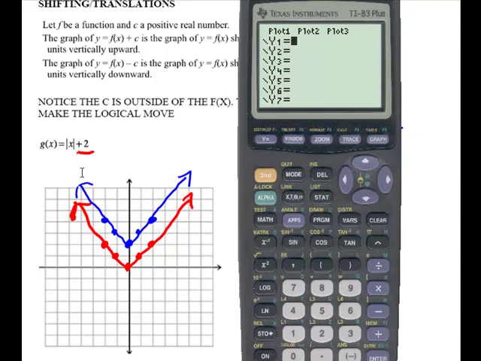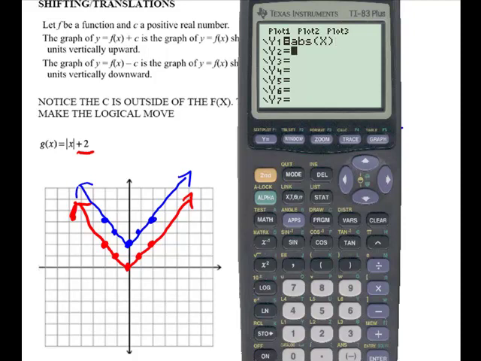And remember that absolute value, we're going to go under the math menu. And we have to go across, choose number, and the first one, we'll put our variable inside, and you have to close that parentheses. Right, that will be our first graph.